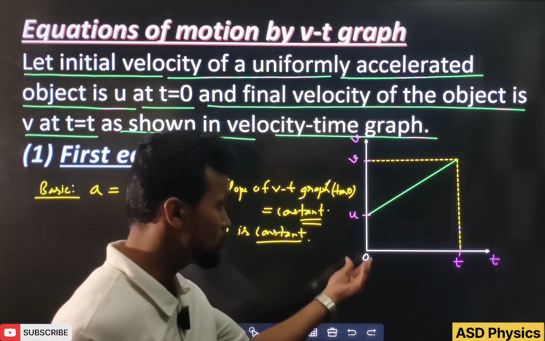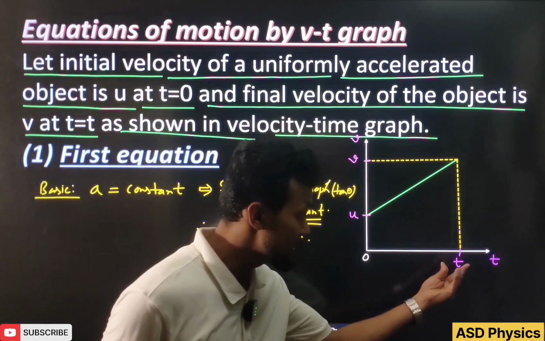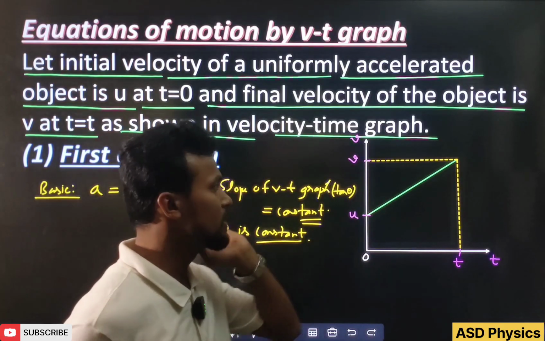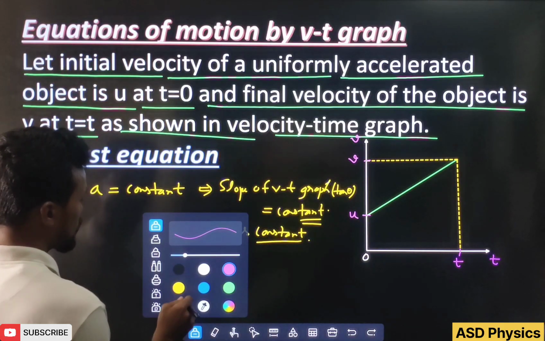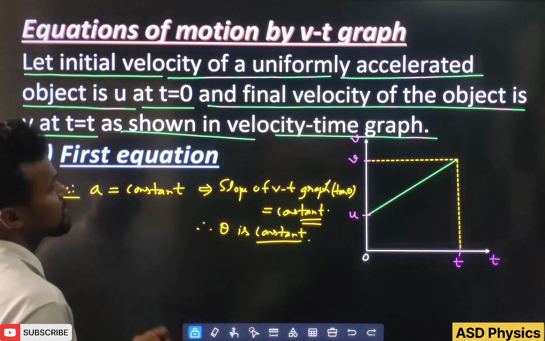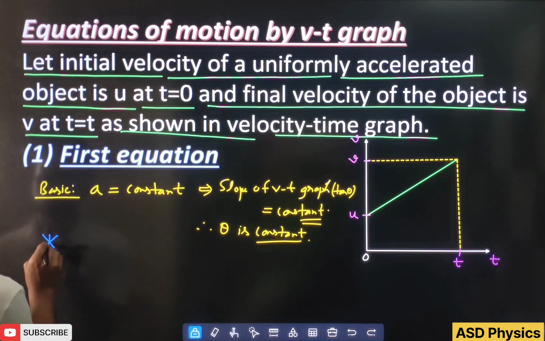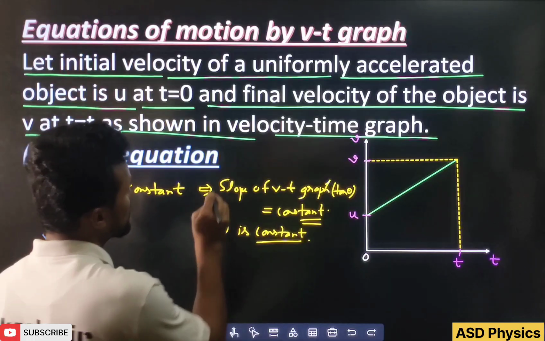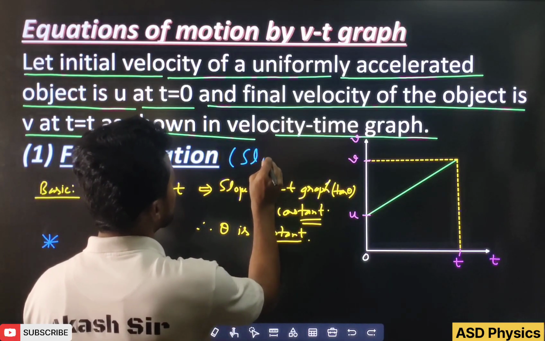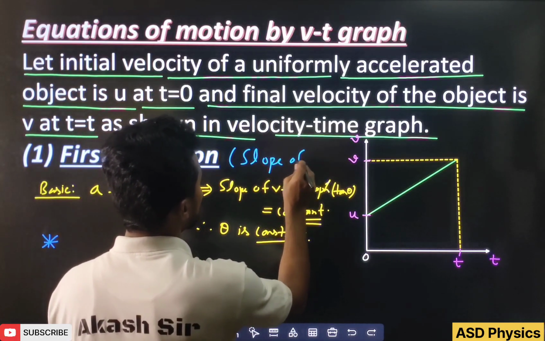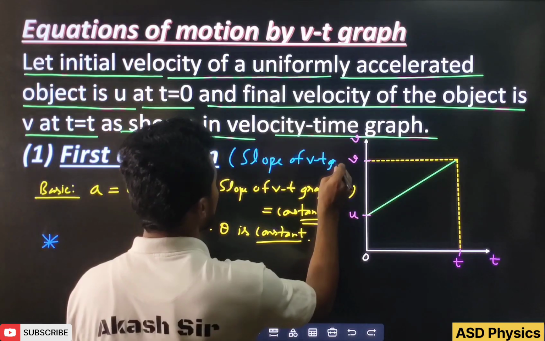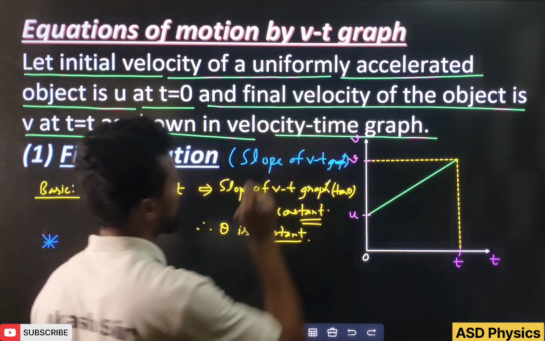So at t equal to 0, the initial velocity is u, and at t equal to t, the final velocity is v. As I told you, acceleration means the slope of the VT graph. To prove the first equation of motion, we will use the slope of the VT graph.